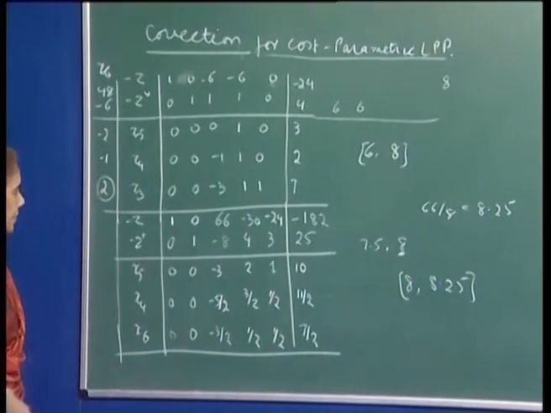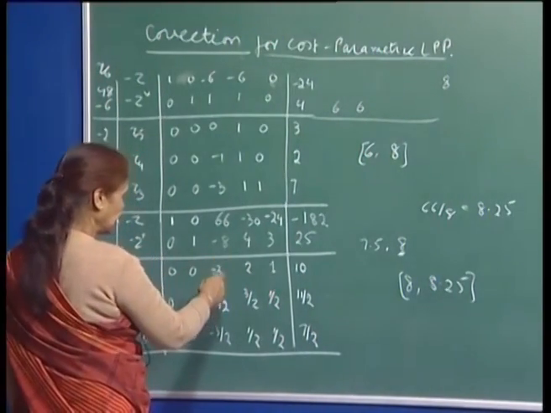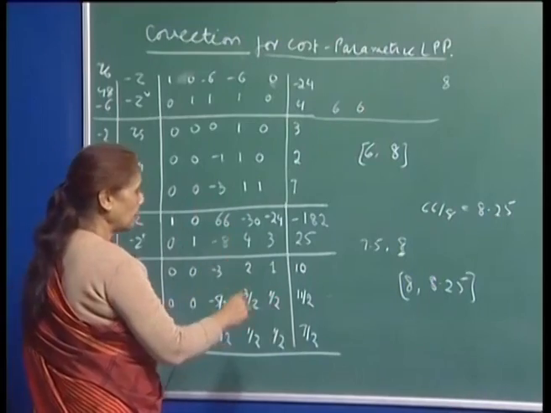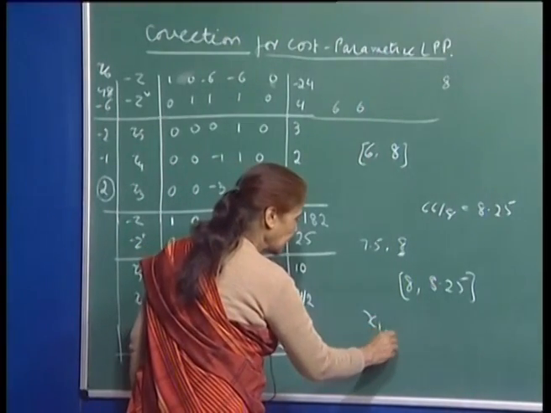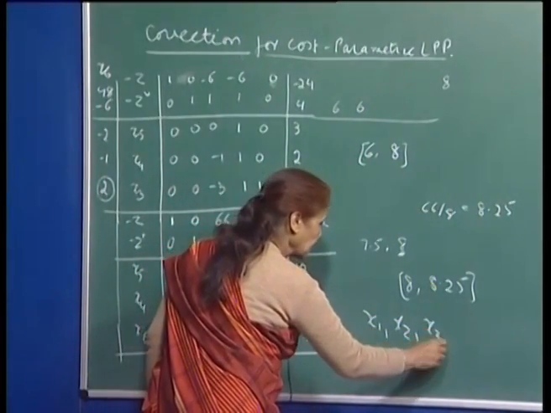Now, after 8.25 we can make use of the fact that your starting basis was x1, x2, x3.